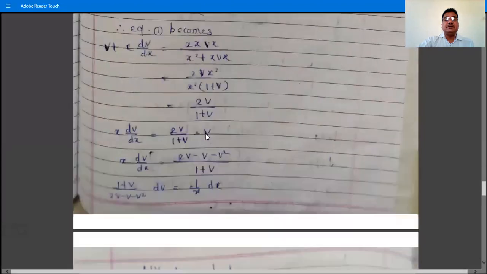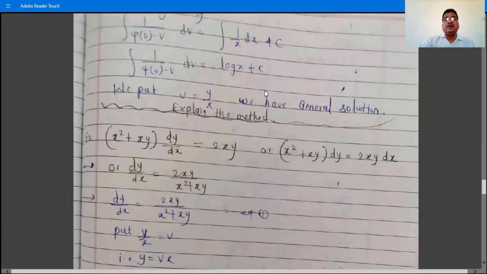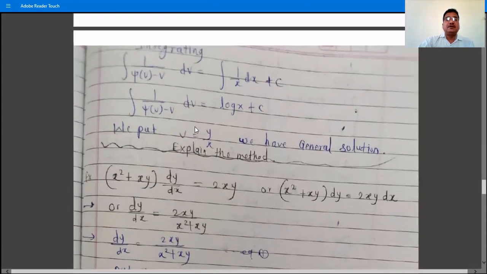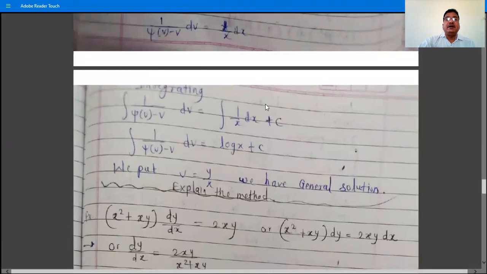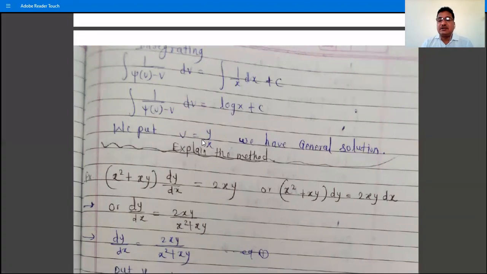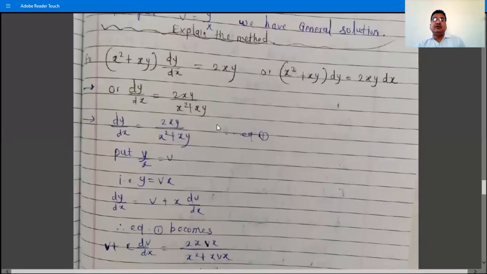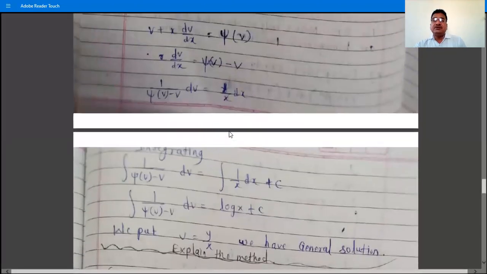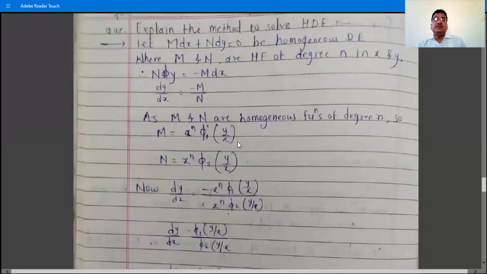We then have the general solution of the given differential equation. So after separating variables, integrating, and then substituting v as y by x, we have the general solution of the given homogeneous differential equation. This is the method to obtain the solution of a homogeneous differential equation.